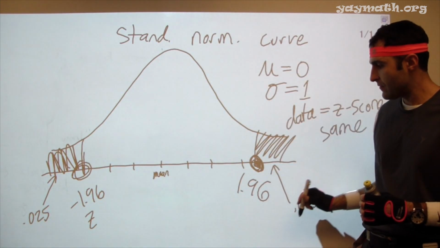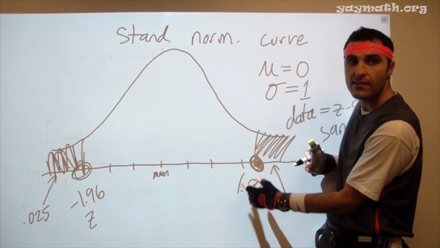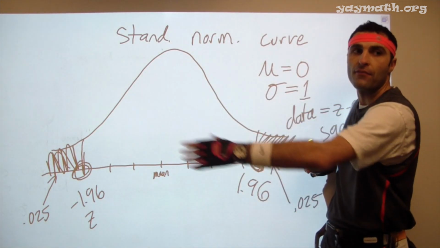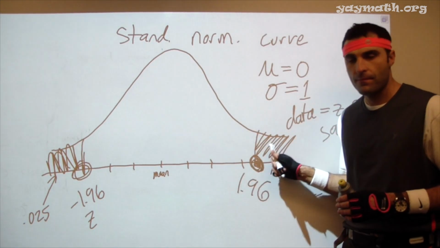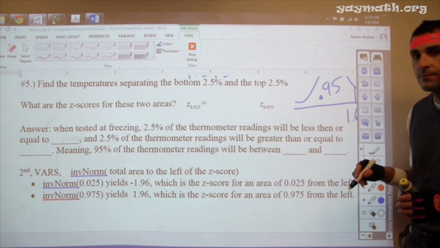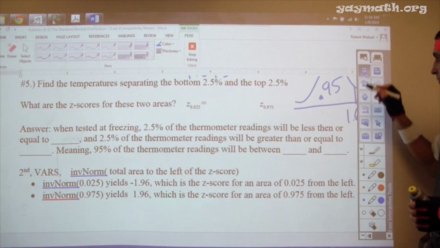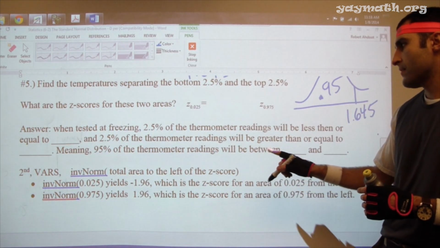Well, the area to the left of 1.96 is 97.5%. It's everything that 2.5% is not. But when they specifically say the z-score of 0.025, you have to realize that it's to the left.